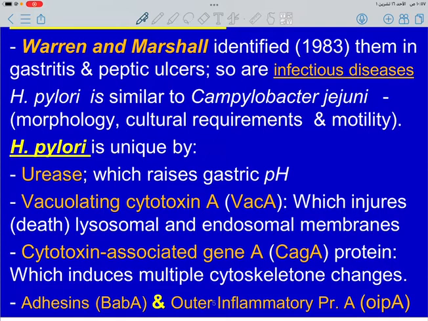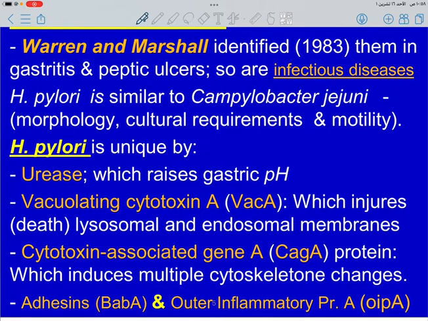Okay? But later on, they were separated into two genera, Campylobacter and Helicobacter, because they are different in morphology, cultural requirement, and motility.